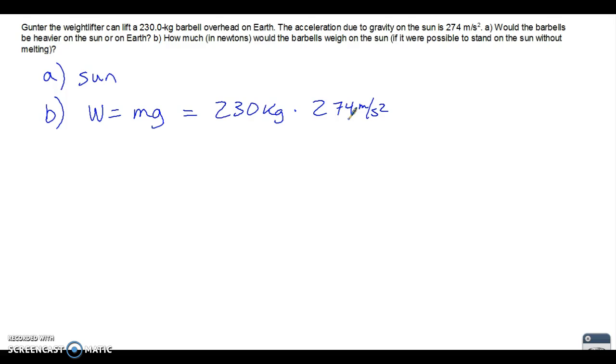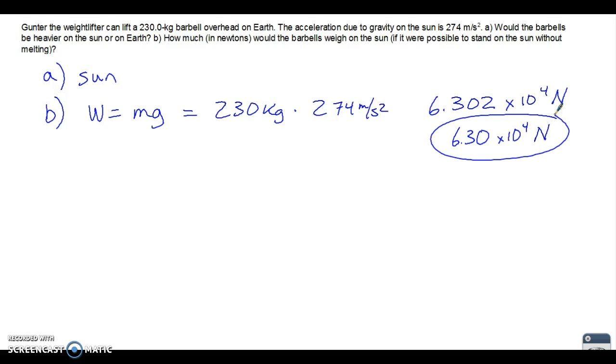Multiplying 230 times 274, we get 6.302 times 10 to the 4th newtons. 3 sig figs gives us 6.30 times 10 to the 4th newtons. That was B.